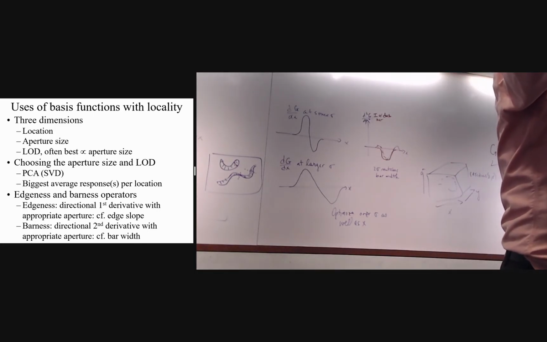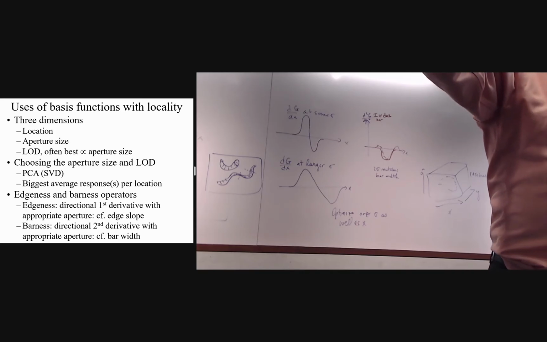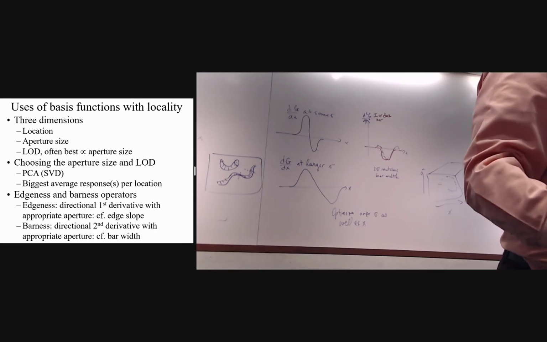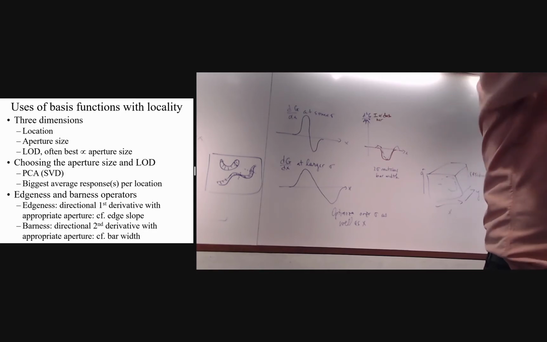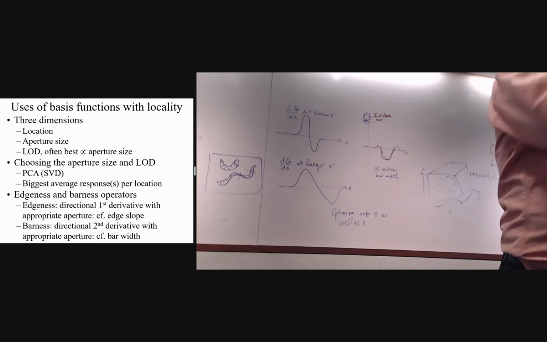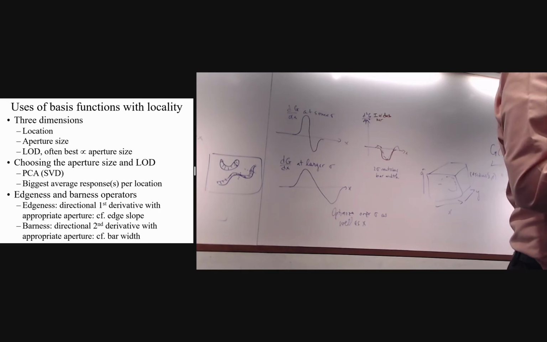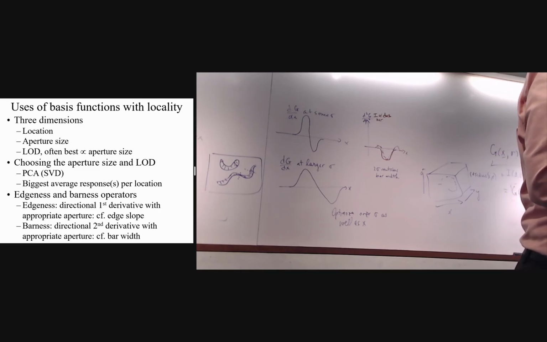But what happens to that edge when you take a picture of it? It's blurred. Of course, cameras have a point spread function. They're blurred, meaning this sharp change becomes a sloped change in intensity.